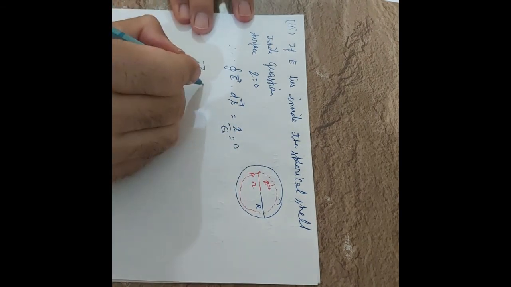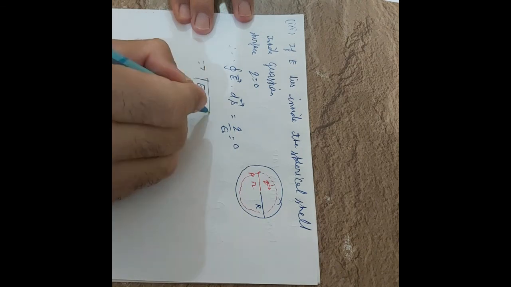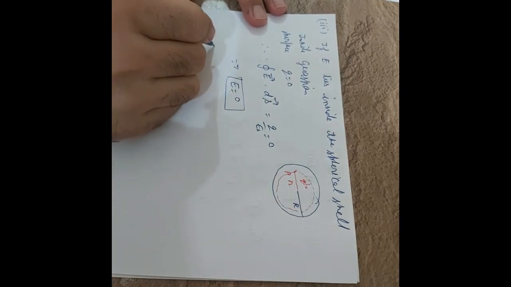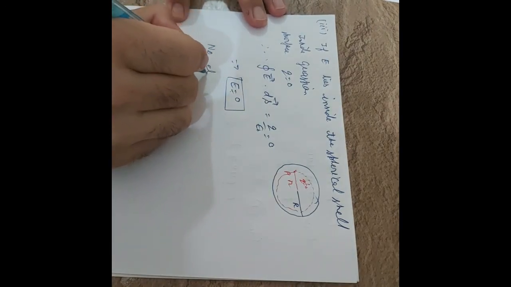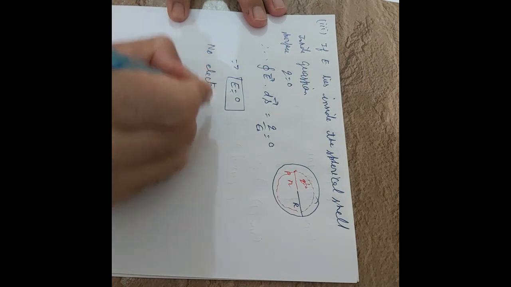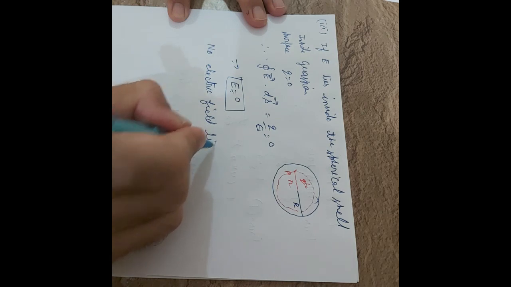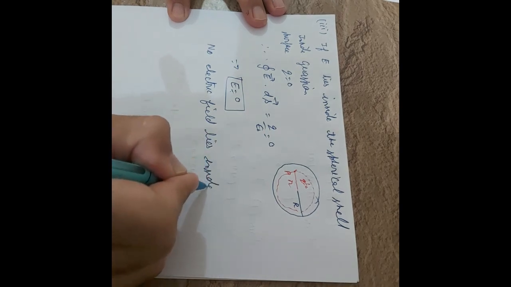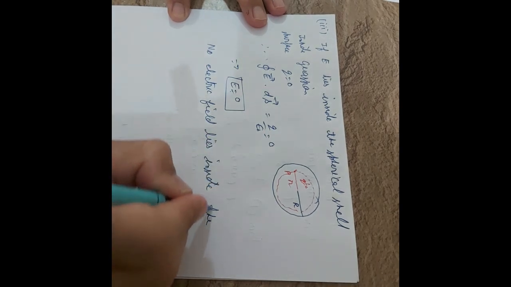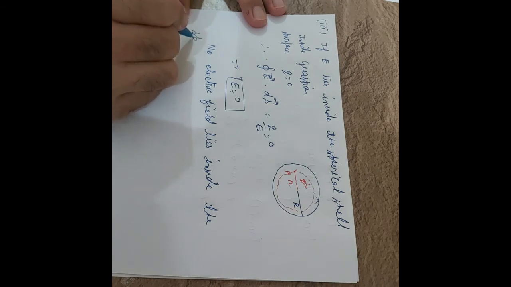What does it mean? It means E equals 0. What does it mean? It means no electric field lies inside the spherical shell.